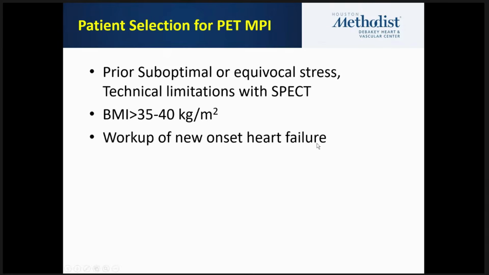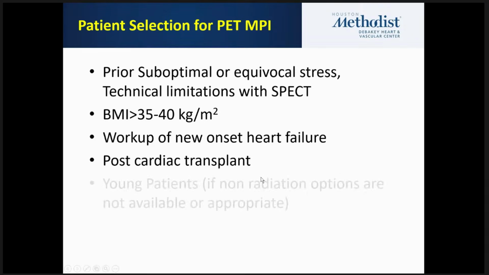Workup of new onset heart failure, because these patients will have perfusion defects, wall motion, and incorporating more and more accurate data would be very helpful. Among patients who had cardiac transplant, looking for transplant vasculopathy, because the decision is primarily made based on myocardial blood flow assessment.